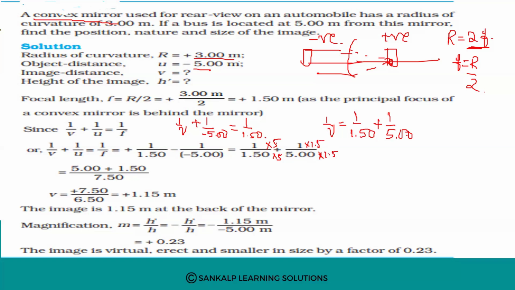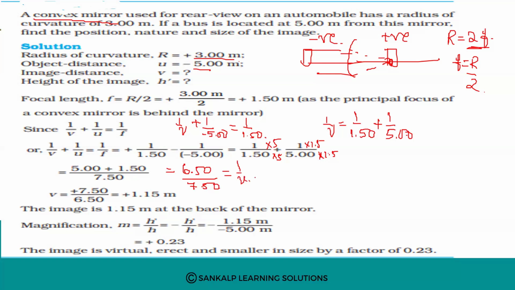So 5 plus 1.50 is 6.50 divided by 7.50. This is the value of 1 by V.